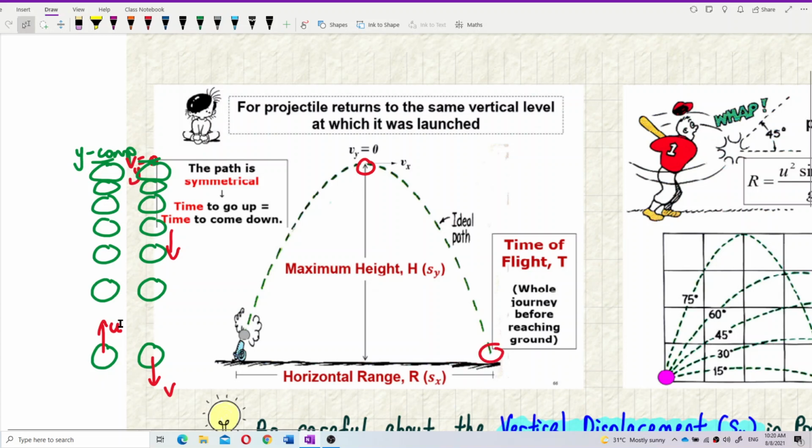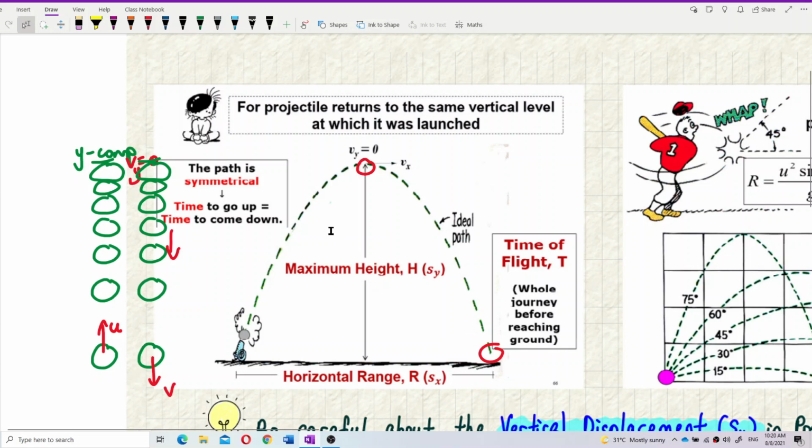So the time is actually just like the free fall motion. The time to go up is the same as the time to go down. The projectile motion is also the same.